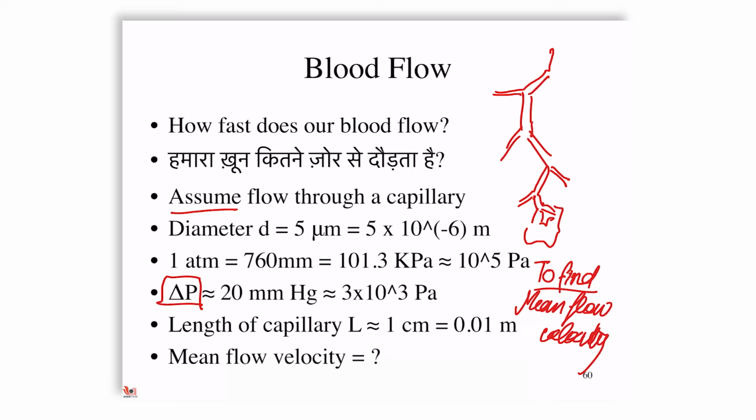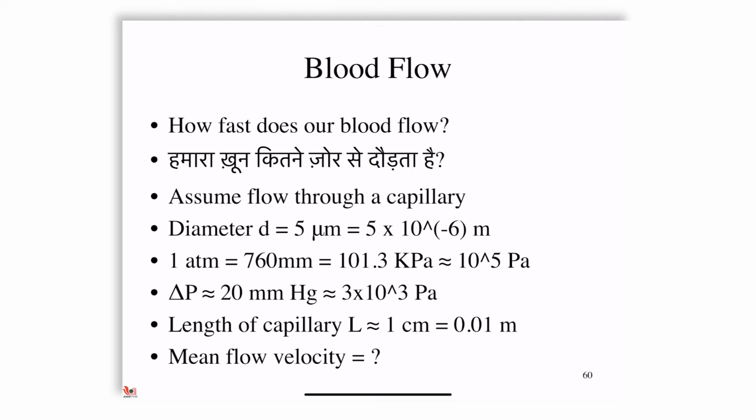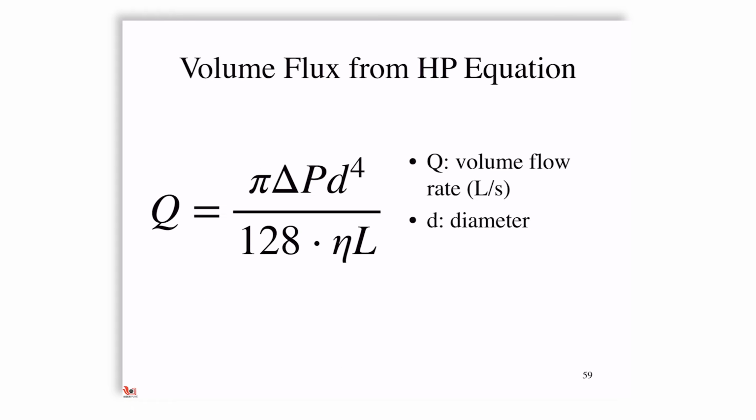So if we take 10 to the power 5 or 101.3 kilopascal and divide it by 30, we should end up with about 3 kilopascal, which is 3 into 10 to the power 3 Pascal. The length of the capillary, which we also need for this calculation, is approximately 1 centimeter.